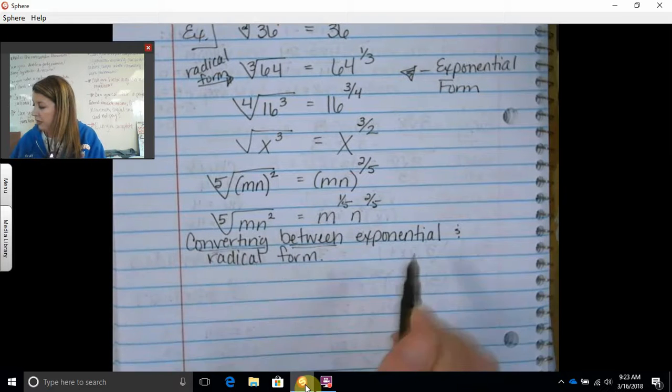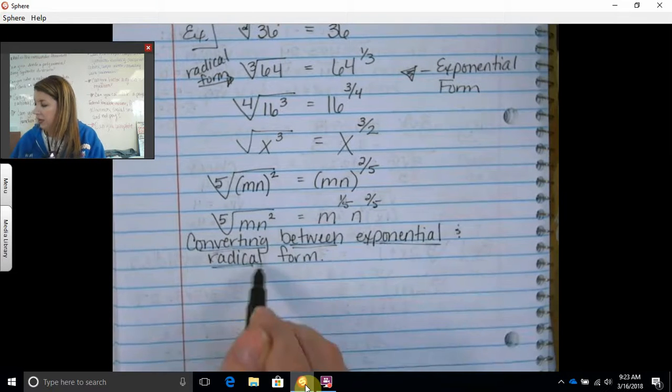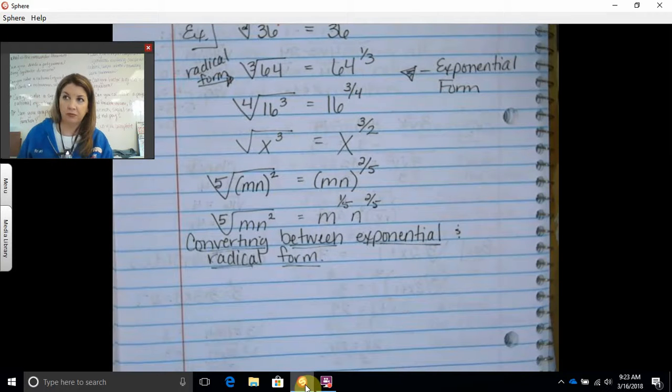So converting between exponential and radical form.